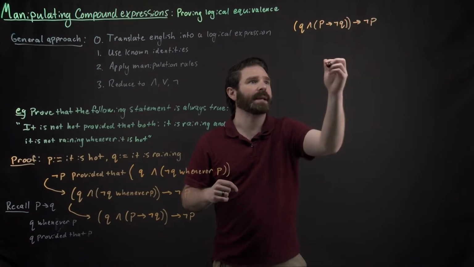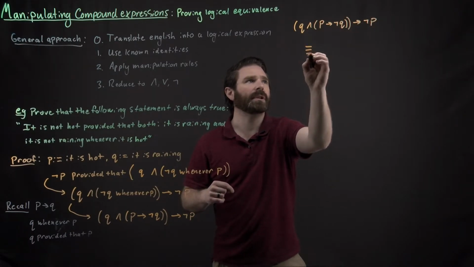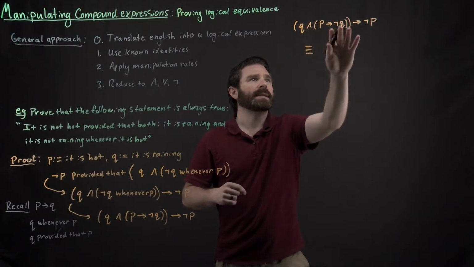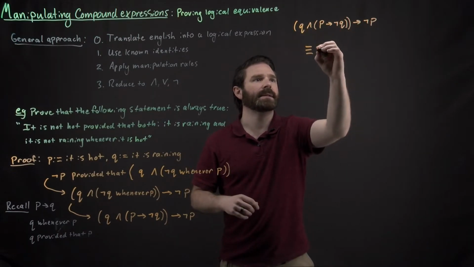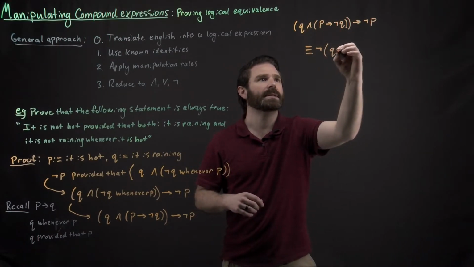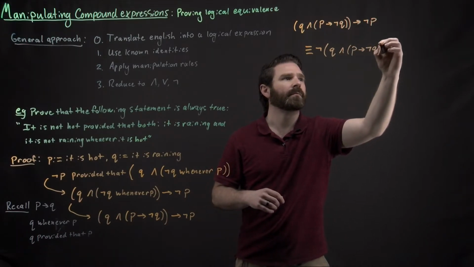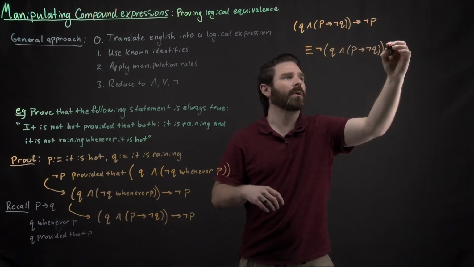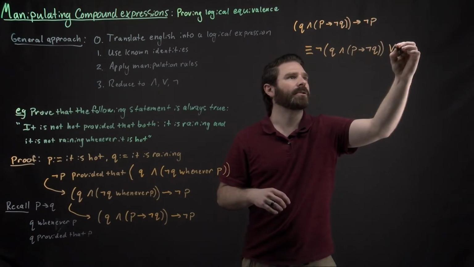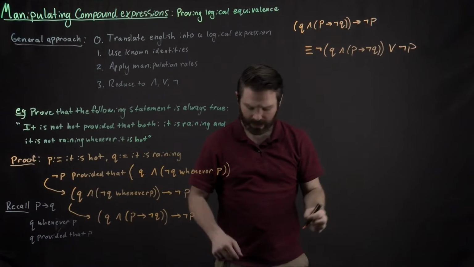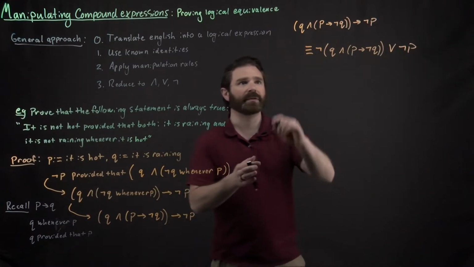So I know that this thing is going to be logically equivalent to, so I take my hypothesis and I negate it, or, and then I leave my conclusion right here. So I did this by definition.